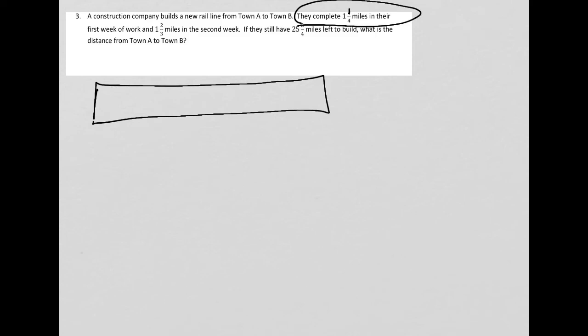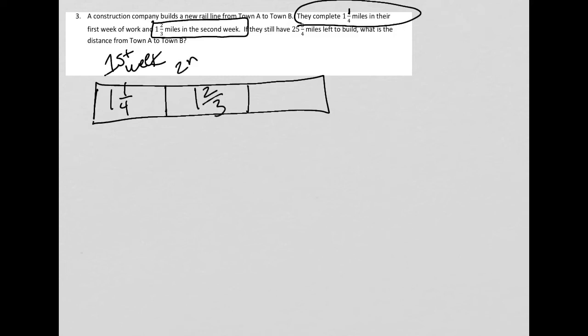Okay, so let's think about what we know. We know they're trying to go from town A to town B. We know they've completed 1 1/4 in week number 1. So we'll say 1 1/4. So this is their first week. 1 2/3 in their second week.